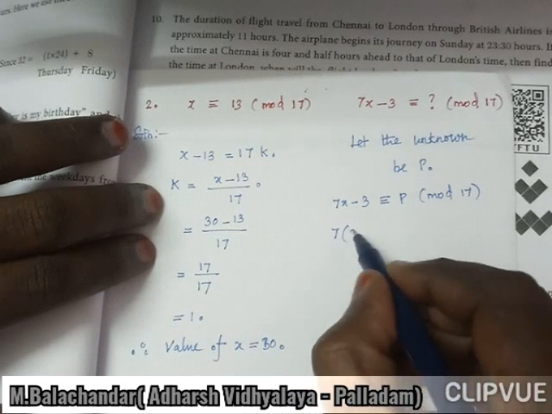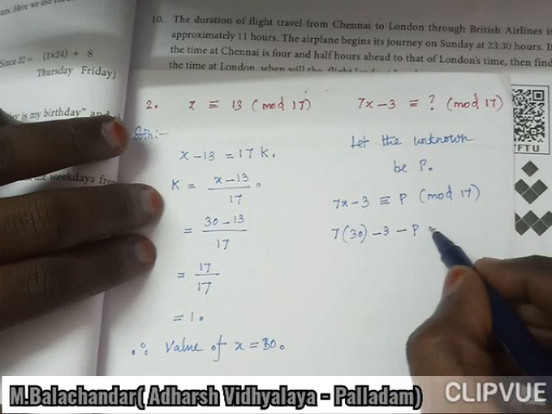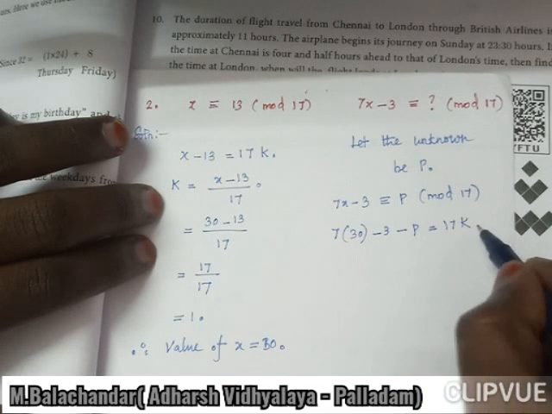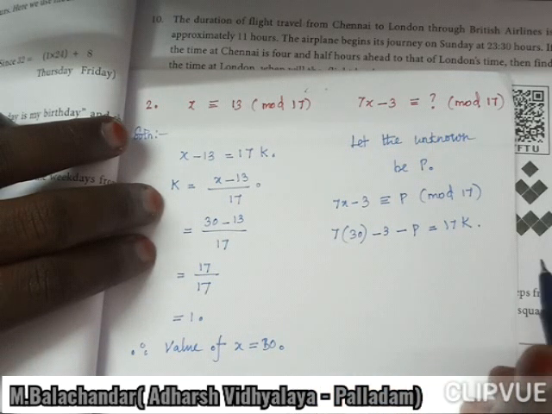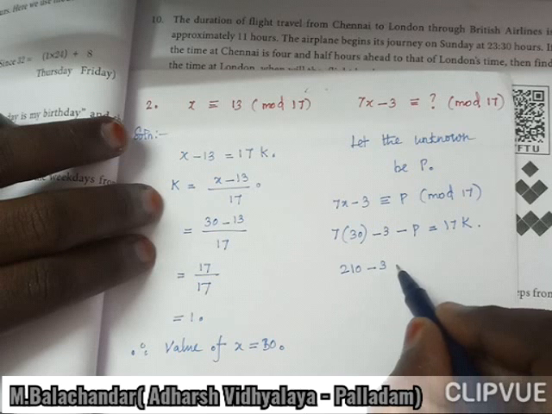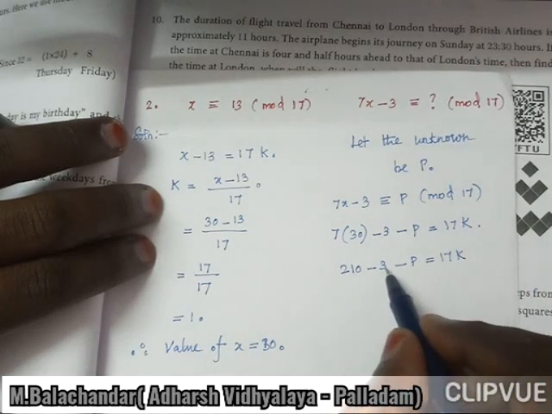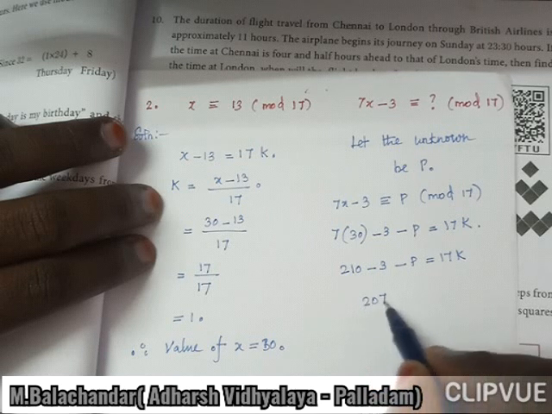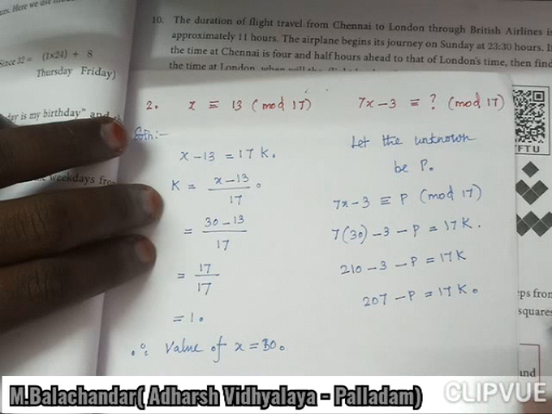With x value 30, 7 into 30 minus 3 minus p is equal to 17k, where k is some integer. 7 into 30, what is the value? 210 minus 3 minus p is equal to 17k. 210 minus 3 leaves 207 minus p, which is equal to 17k.